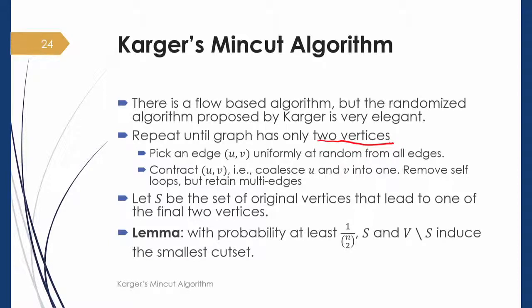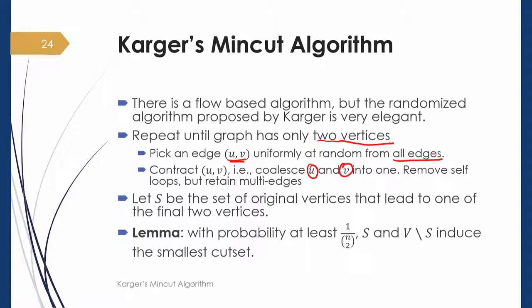In each iteration we pick an edge u v uniformly at random from all the edges that are currently in the graph. And once we pick an edge, we contract that edge. What do we mean by that? We coalesce the two vertices. The edge u v is connecting vertex u and vertex v. We coalesce them into a single vertex.